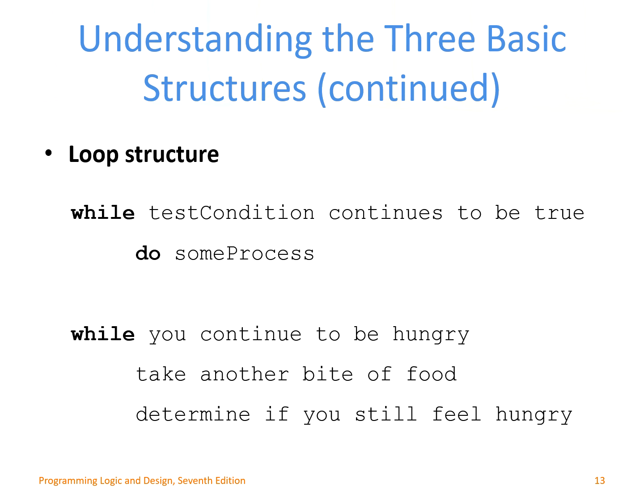Loop structure: while the test condition continues to be true, do some process. While you continue to be hungry, take another bite of food. Determine if you still feel hungry. This is an example.